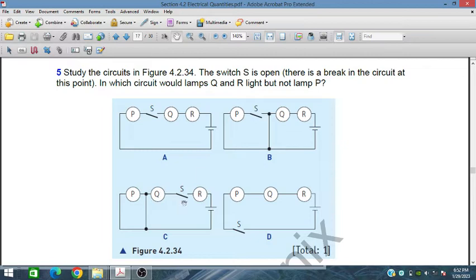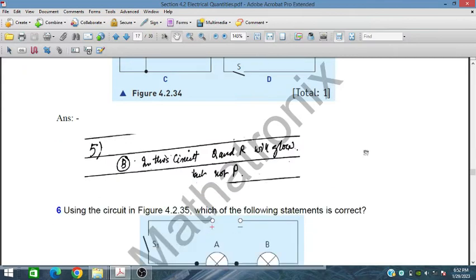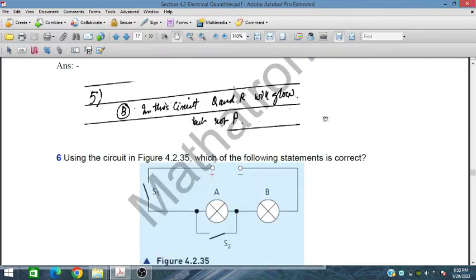Similarly for this one, if this is open, then Q and R are not continuous. Similarly for this, if this is open, there is no continuity. For electric flow, the continuity should be there. Here, with this open, the continuity still exists, so this will glow. So circuit B is correct. That's why B is the answer.